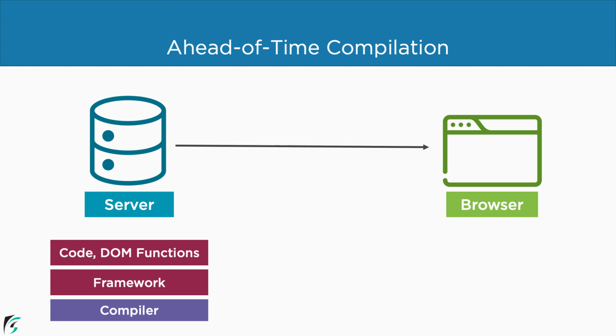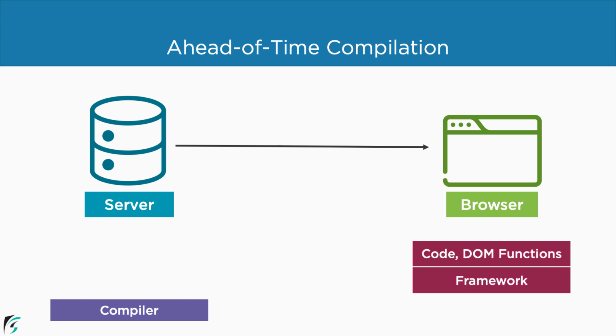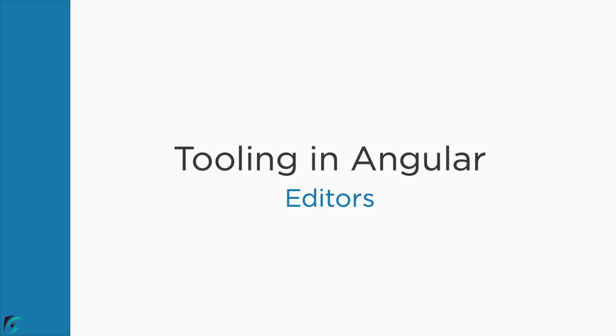The compiled view is sent to the browser from the server, and thus no time is lost in compiling those templates into the DOM functions. This saves a lot of time and reduces the download size. If you remember the server-side rendering in Angular, it uses the ahead-of-time compilation.